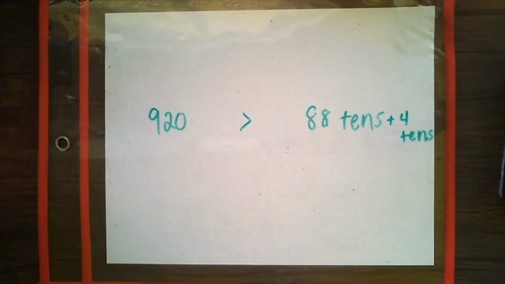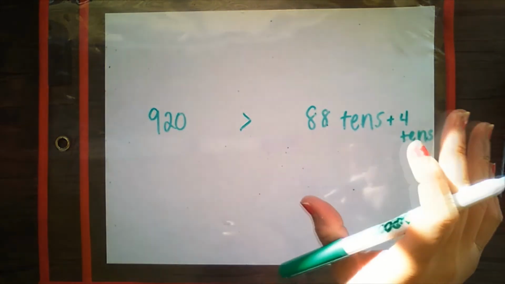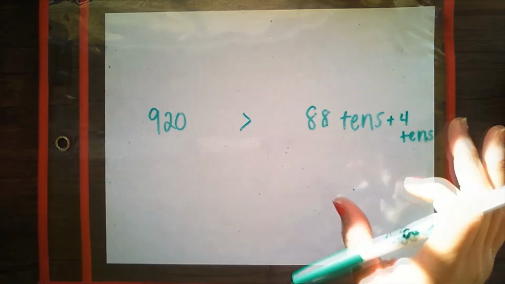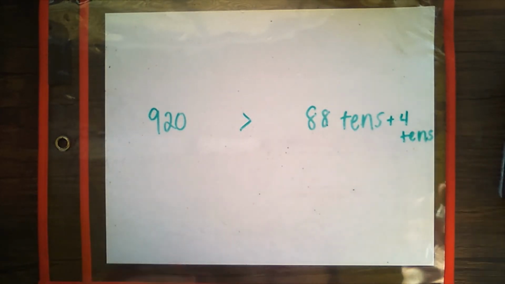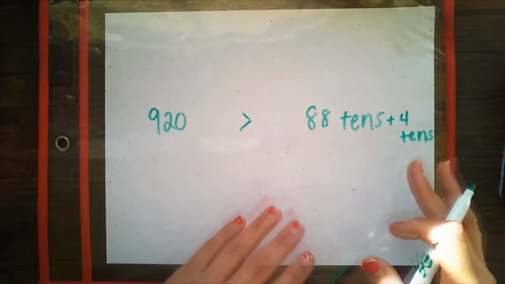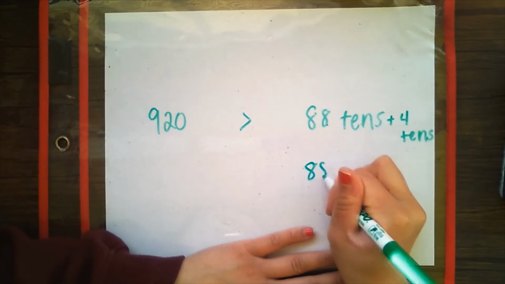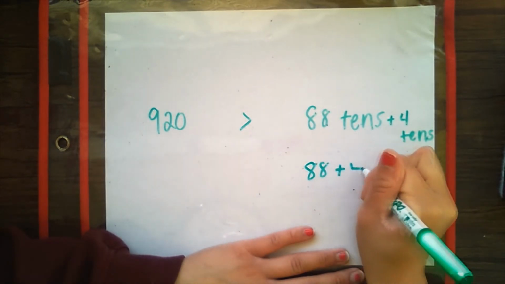All right, my friends, welcome back. So, on the right side here, our unit is tens. So what I did was I did 88 plus 4. So 88 plus 4 gives me 92. And we can show that.